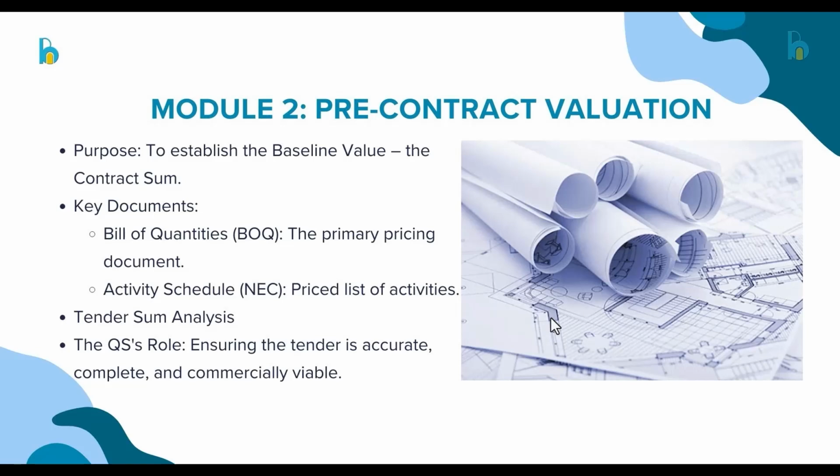The QS role in this is ensuring the tender is accurate, complete, and commercially viable. I know you know how to prepare a bill of quantity, but for the sake of this course, we are going to open a sample bill of quantity and also a sample contract agreement for you to see.